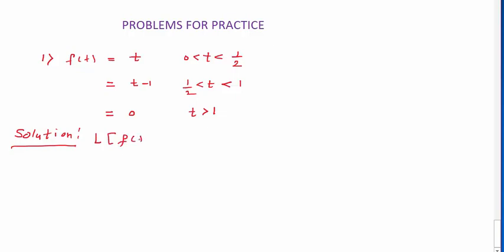So first we will see the definition. We will write the definition, which is the integral from 0 to infinity of e raised to minus st into f of t dt. Now this whole thing is divided in three parts. First is 0 to half, where we have the value of f of t as t.